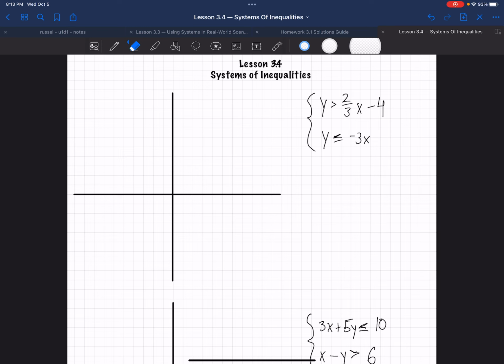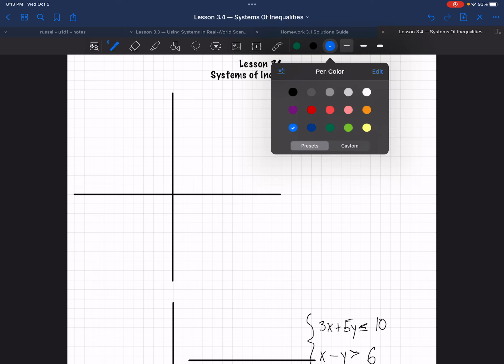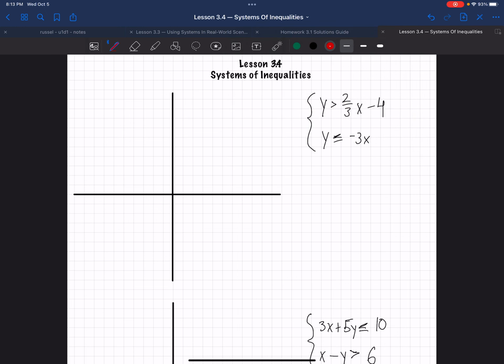So the first thing you want to do is graph the line itself. But before we do that, another reminder. Take a look at my system here. I've got greater than, and I've got less than or equal to, right? This distinction matters because if you graph these inequalities with less than or greater than, you need to use a dotted line, because strictly less or strictly greater than means it doesn't actually touch the line.